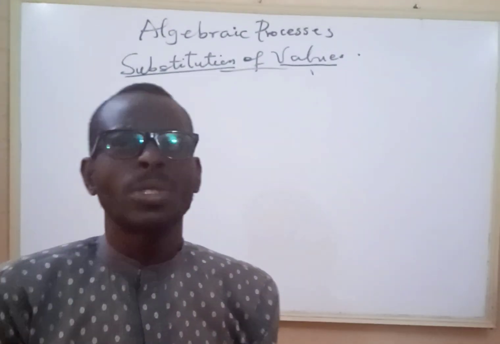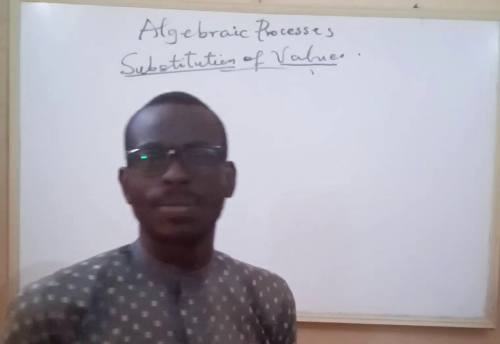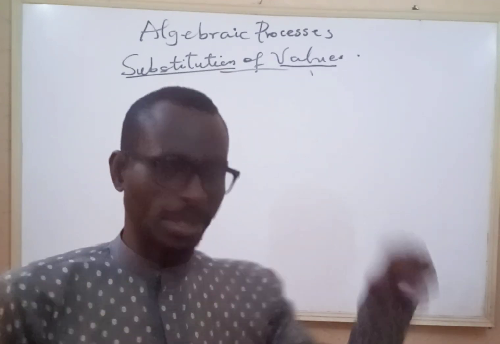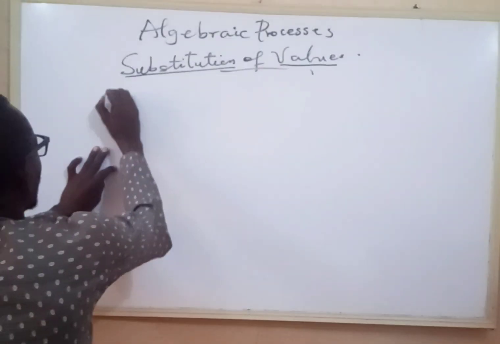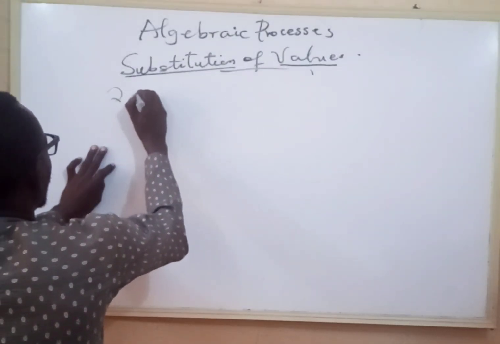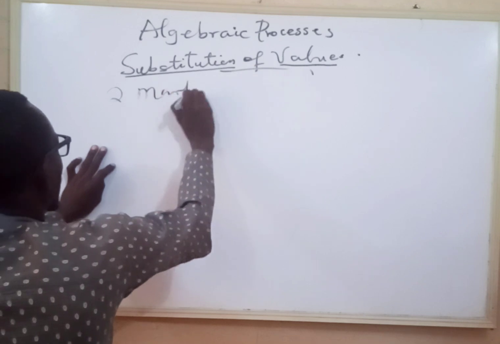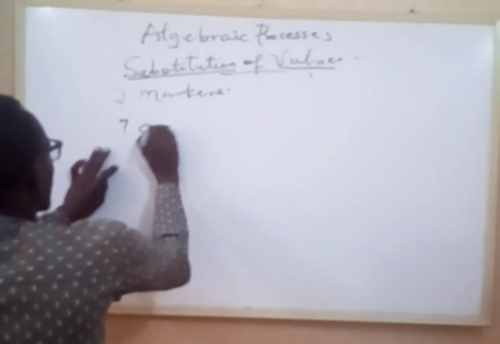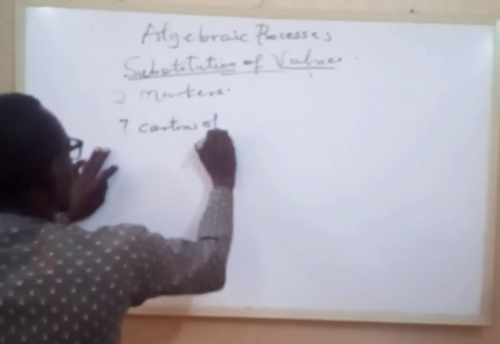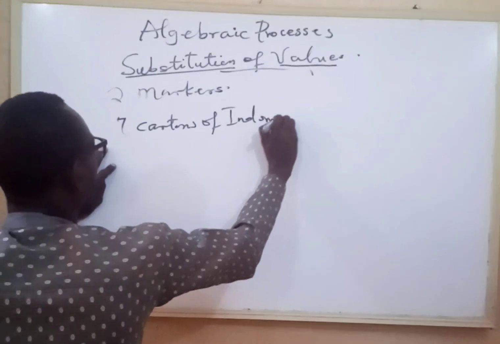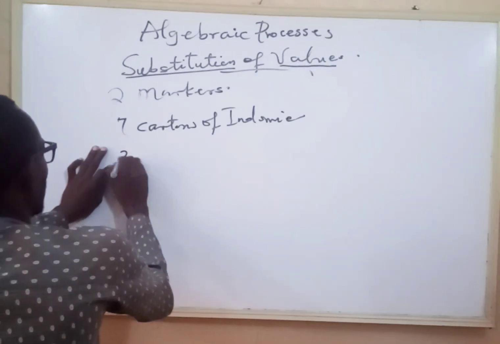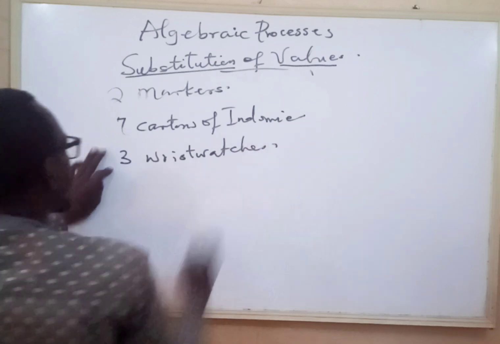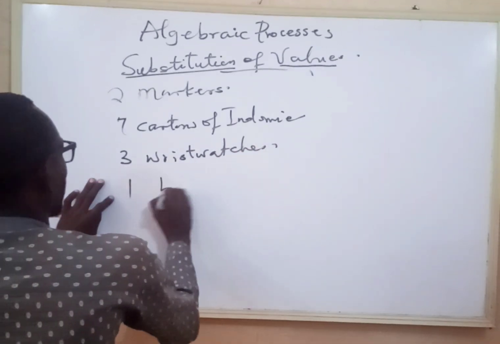And it is until you get to the cashier's point that you'll be able to know the value of all you have picked. Assuming you have picked 2 markers, 7 cartons of Indomie, 3 wristwatches, 1 bag.